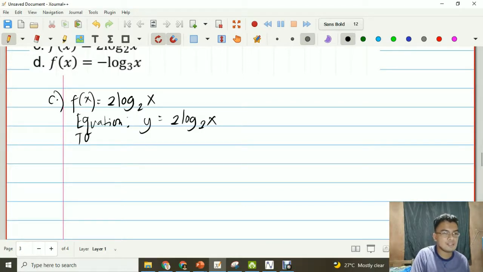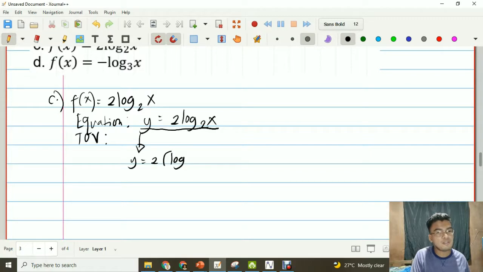So, for its table of values, we analyze first our equation. As you can see, sa equation natin, this can be written as y is equal to 2 times log base 2 of x.